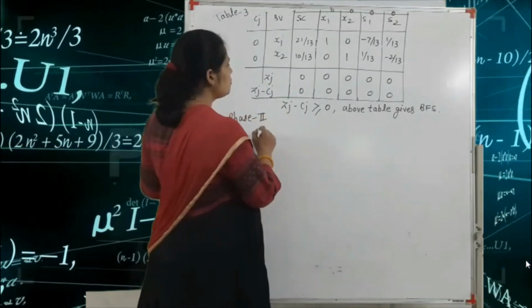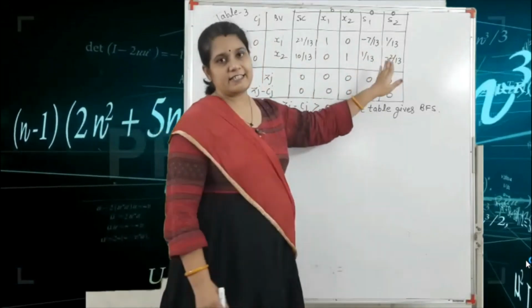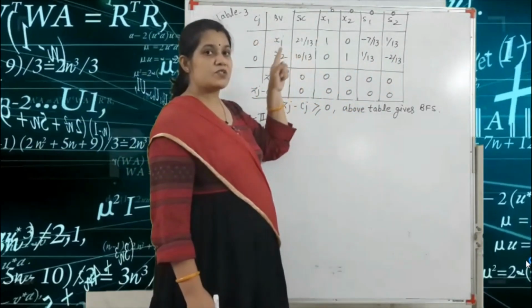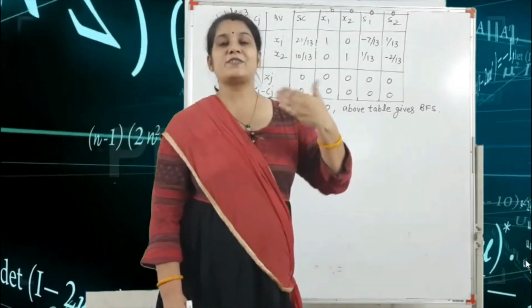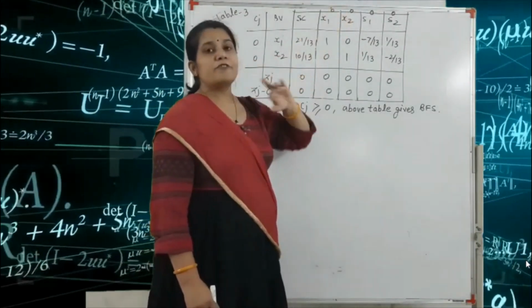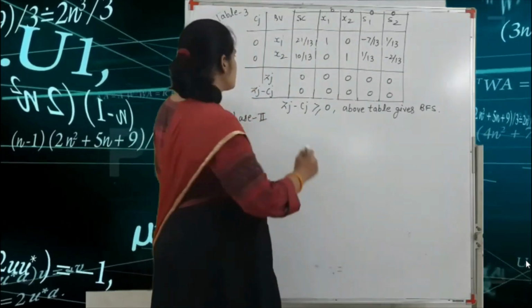So for phase 2, all these values we write here as they are. That means the last table of phase 1 is the first table of phase 2. The change is that here the coefficients we write are from the original objective function. Okay, so let's start.